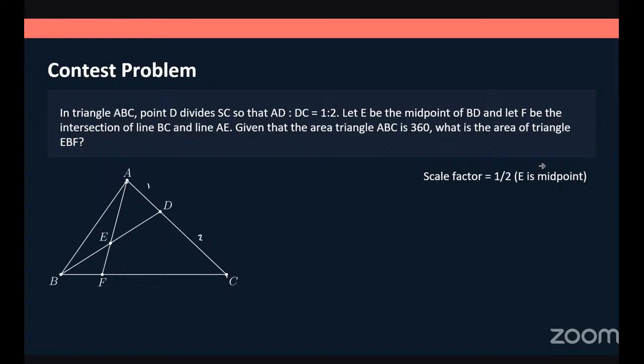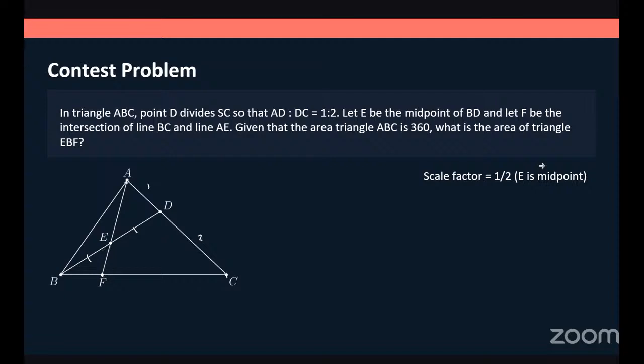So that's their proportion. Let E be the midpoint of BD. So here is the midpoint, so we can label that by showing how the sides would be equal to each other. And let F be the intersection of line BC and line AE. That's what we have right here. Given that the area of triangle ABC is 360, what is the area of EBF? This triangle here.